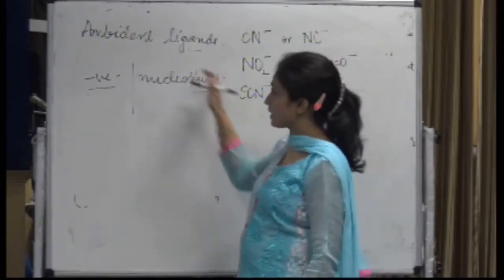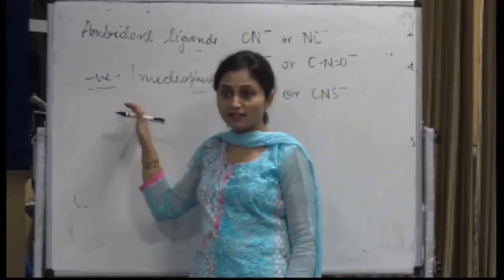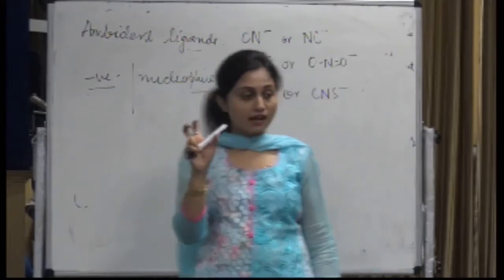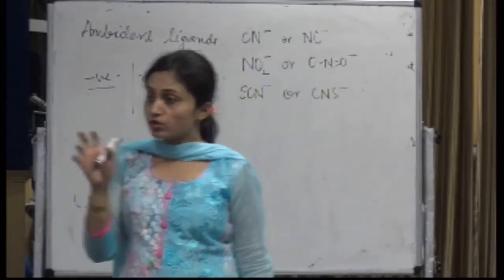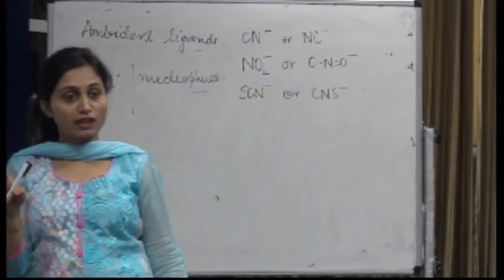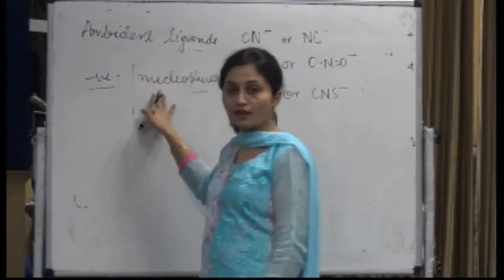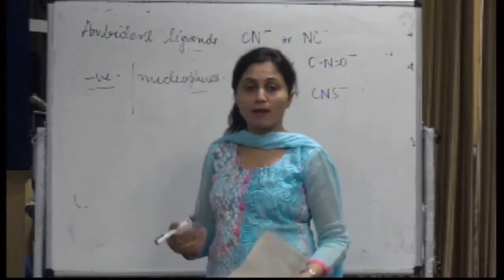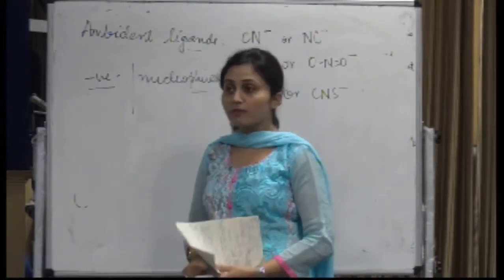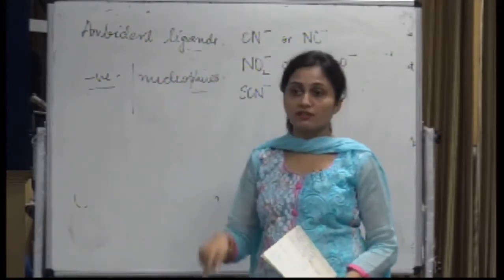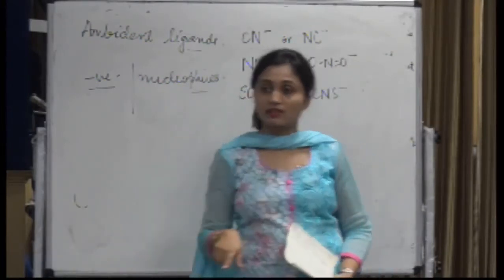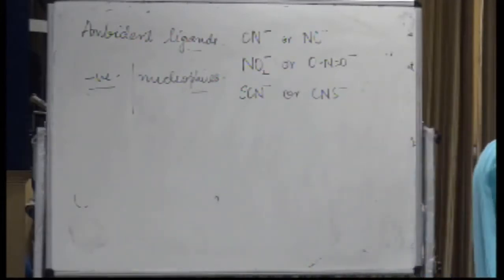These are also known as ambident nucleophiles. Whatever anions have 2 points of attachment are known as ambident nucleophiles. Here in this case we are calling them ambident ligands. Why? Because we need to specify from which point of attachment it is attaching to the central metal atom. So these are your ambident ligands. Alright.